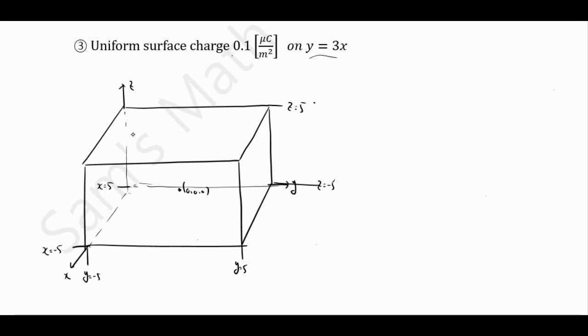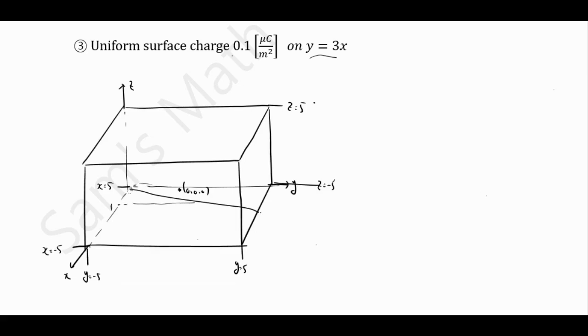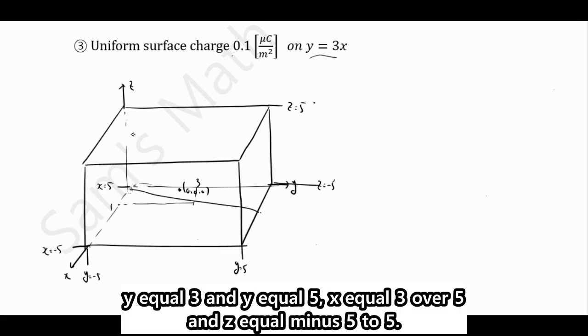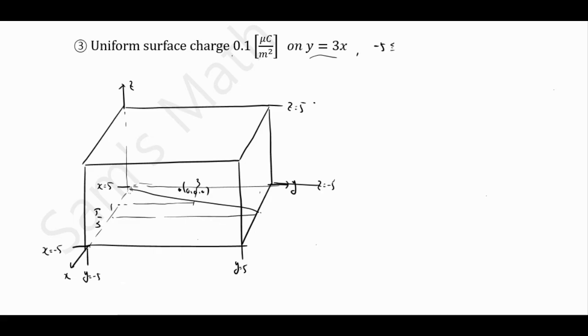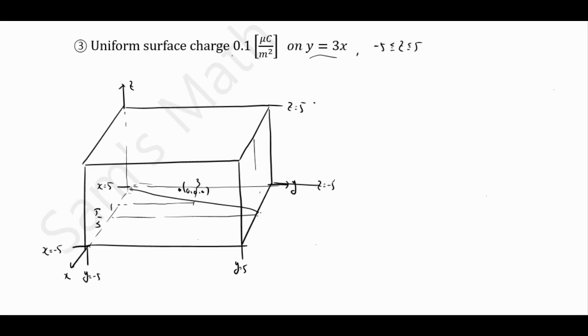And y equals 3x is this line. When x equal 1, y equals 3, and when y equal 5, x equal 5 over 3, and z from minus 5 to 5. And the plane is this plane.